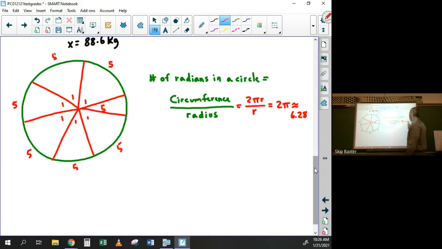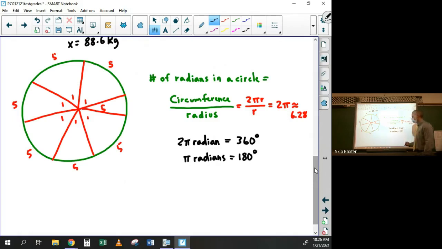Well, if there's 2 pi radians in a circle, that means there's pi radians in half a circle, right? So if I know that there's 2 pi radians, and that's the same angle as 360 degrees, then I know that pi radians must be equal to 180 degrees.